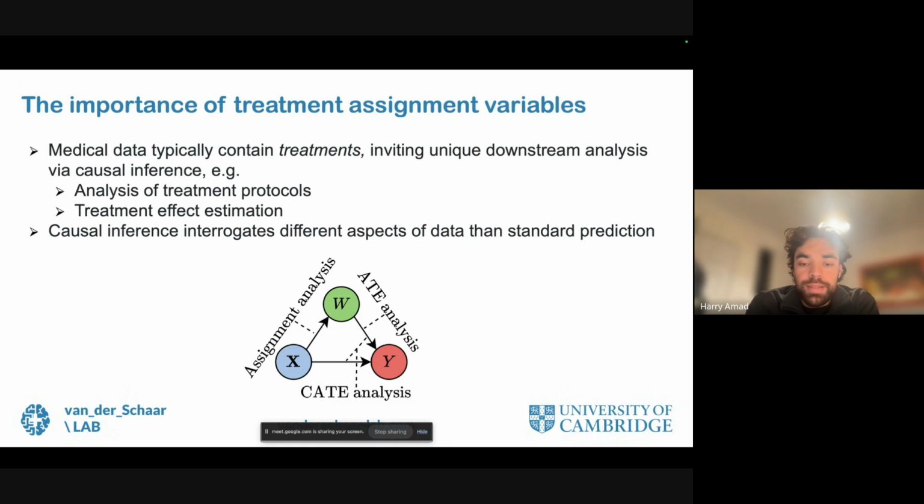So in medicine in particular, there is one particular class of variable in medical tabular data which makes the downstream analysis of that data quite unique. And that is the treatment variable.